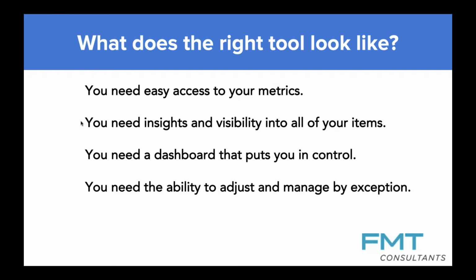So help me prioritize which are the most important items, which ones are most profitable to me, those bread and butter items, and then help me identify where those are going out of control or behaving differently than I expected, whether it's a forecast or a supplier that's not delivering on time, and help me take some action on that, right?